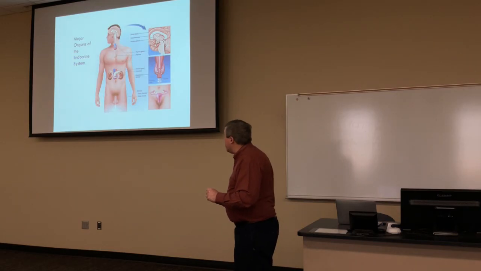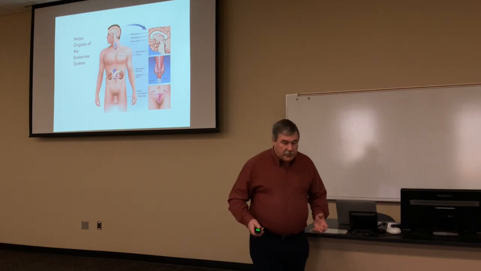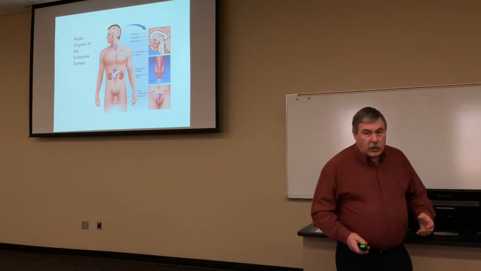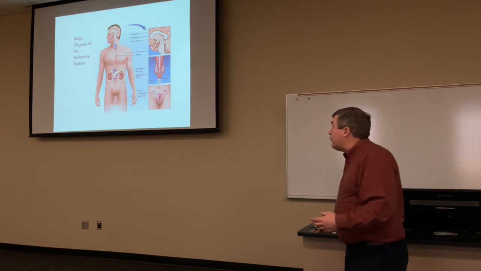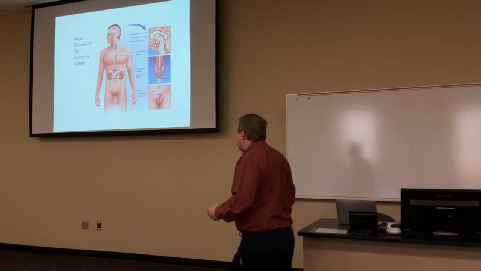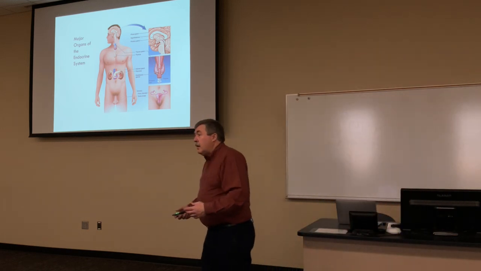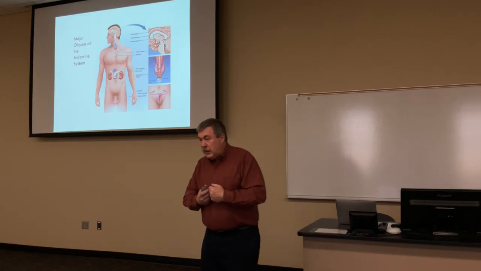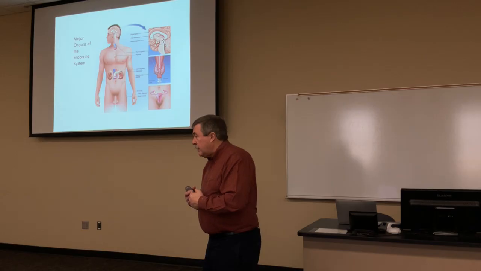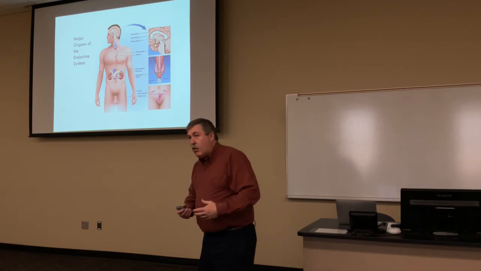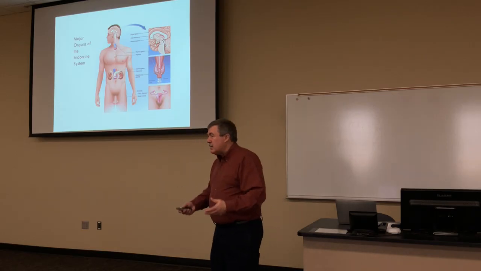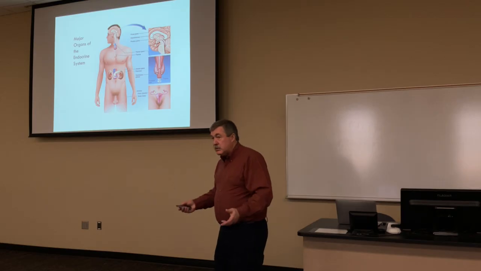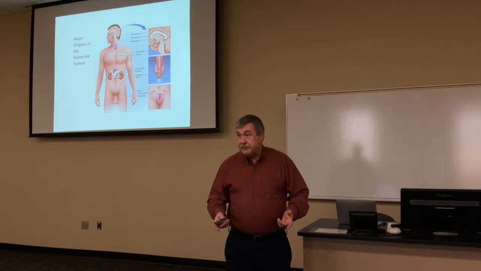All right, so this is just an overview. This shows the locations of some of the major organs of the endocrine system. Now, these are just the major organs because there actually are other endocrine organs that are not traditionally thought of as endocrine organs. For example, the heart.